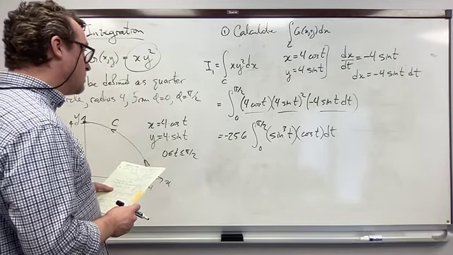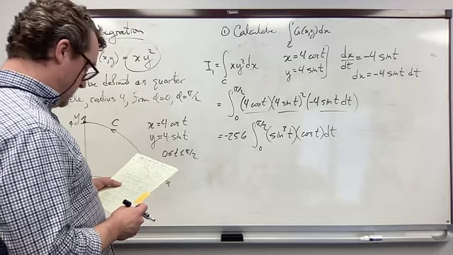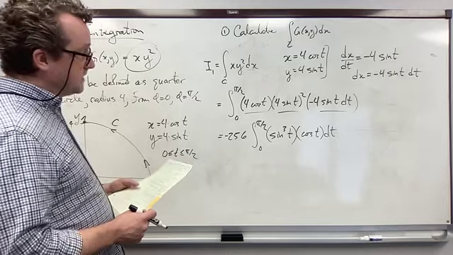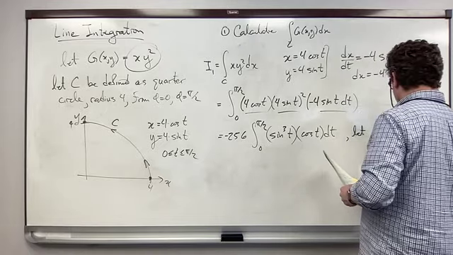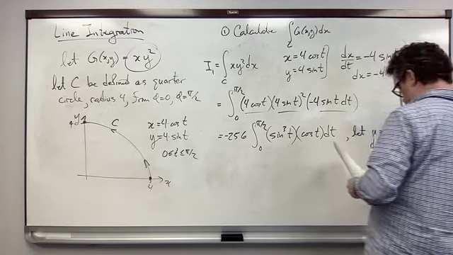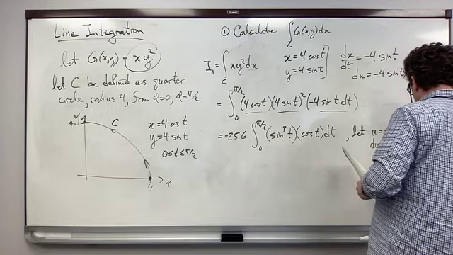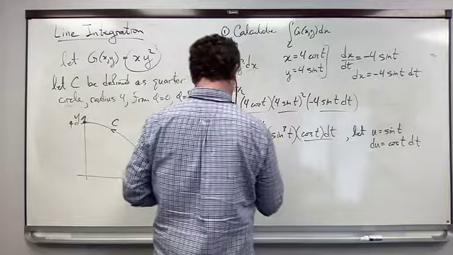We'll let u equals sine t, and then du will be cos t dt. So this will be du, so this is the same.